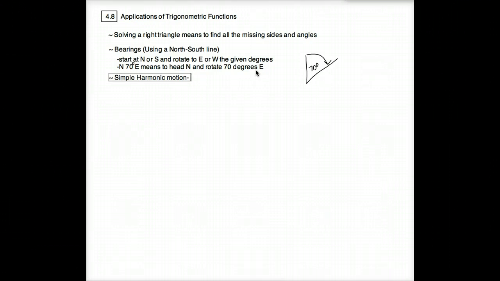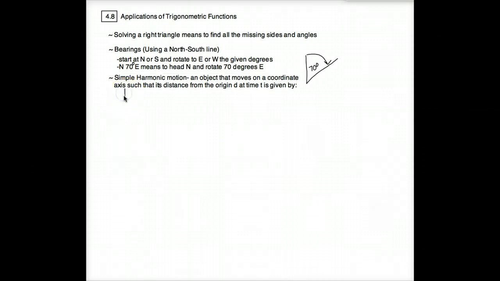So simple harmonic motion by definition is when we have an object that moves on a coordinate axis such that its distance from the origin, which we call d, at time t is given by one of the following equations.